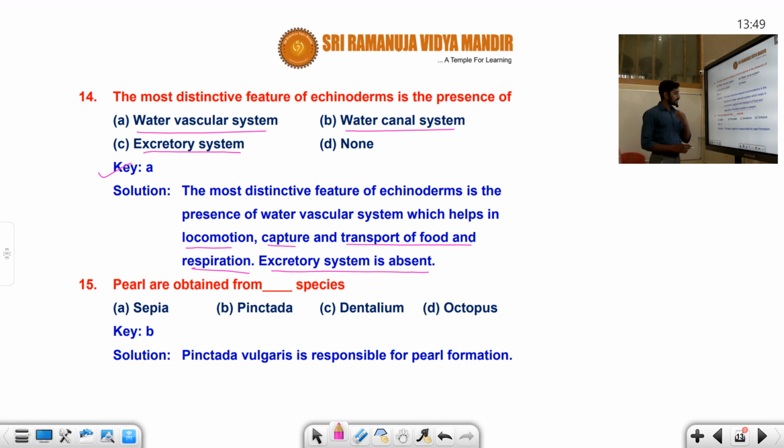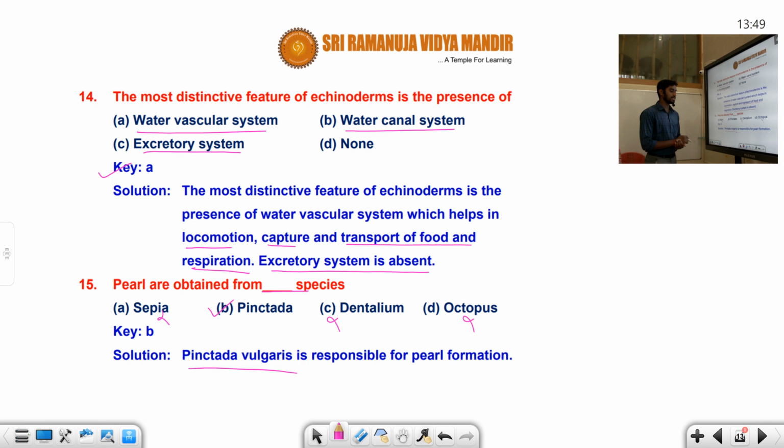Pinctada vulgaris and the other species like Pinctada maxima, there are two species of Pinctada responsible for pearl formation, and here Pinctada vulgaris is the main species for the formation of the pearl, right? The pearl is made up of calcium carbonate.